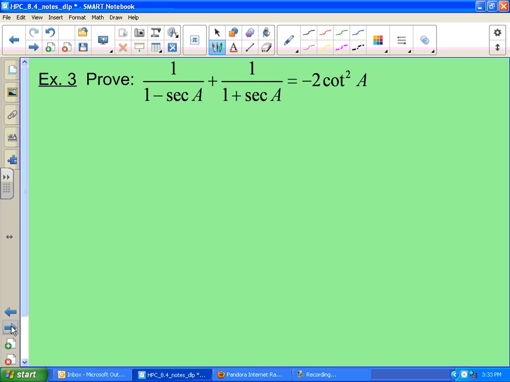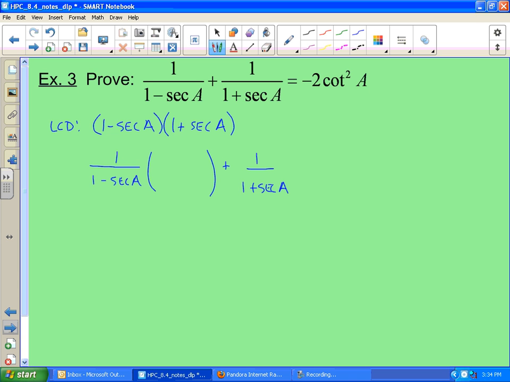So how do we deal with the left side? Well, I have two fractions, and they each have a different denominator. So we want to find a common denominator. And our LCD here would be a 1 minus a secant a times a 1 plus a secant a. So we take the original, and we're going to multiply each of the original parts by the missing denominator part of the LCD.